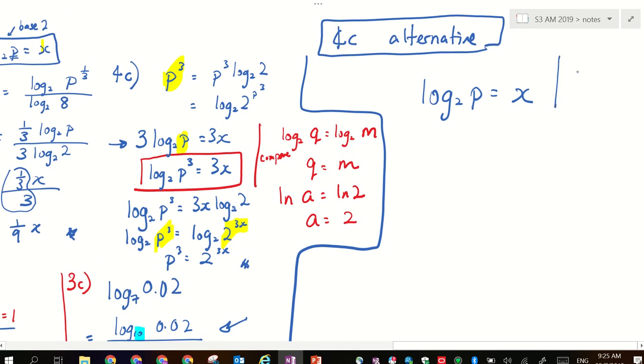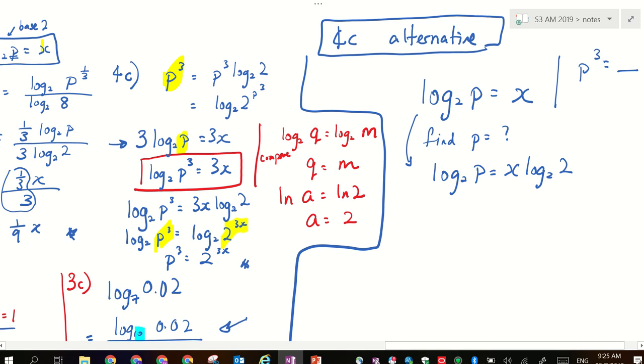I know that I want to find P cube equals to what? So the idea here is I want to find P equals to what first. I need to remove the log 2, right? So I go on and try how to remove log 2. So from here I write log 2 P is equal to x log 2.